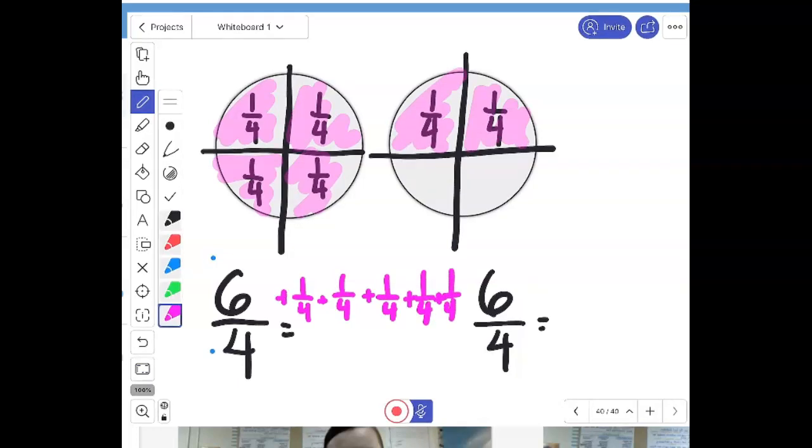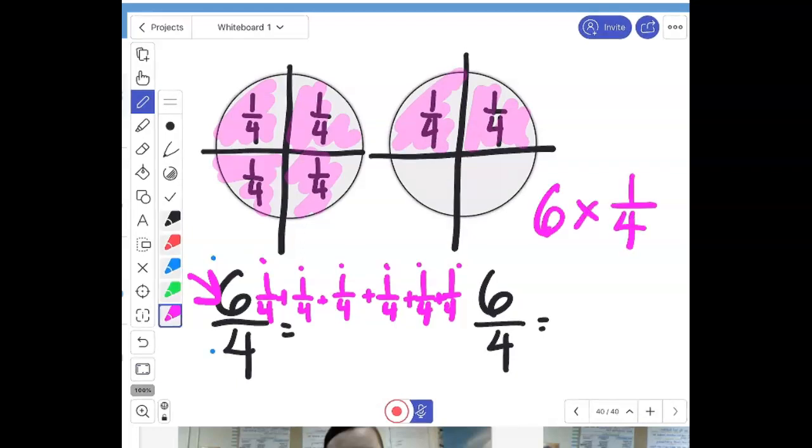Put it over here. Do you see how it is 6 of them? 1, 2, 3, 4, 5, 6. And it matches the numerator. So that means 6/4 is the same thing as 6 times 1/4. Piece of cake.